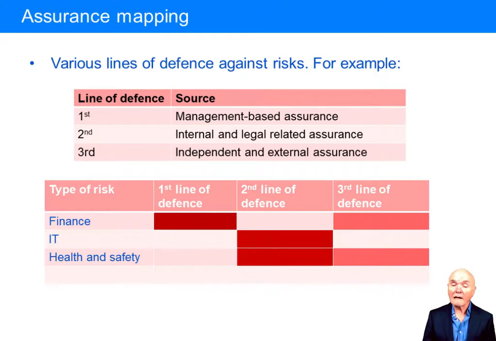It will need more than that, because of course that won't stop people doing it, but at least setting down the law and maybe even saying, if you do that, you're going to be coming in for some sort of disciplinary event. A second line might be internal and legal related insurance.